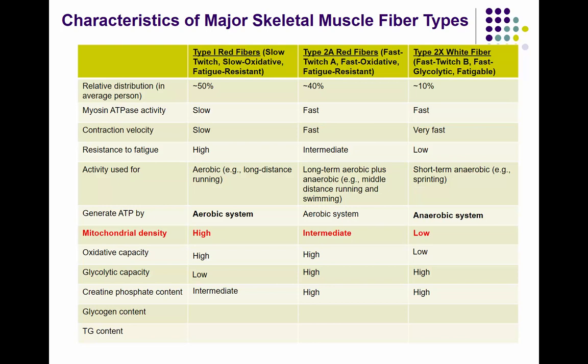And the other important thing is that type 2 fibers are usually involved in very short-term, high-intensity exercise. That means they need ATP immediately, very quickly. So this makes the type 2 fibers also need creatine phosphate as alternative energy. So again, type 2X fibers require creatine phosphate and glucose for ATP production.